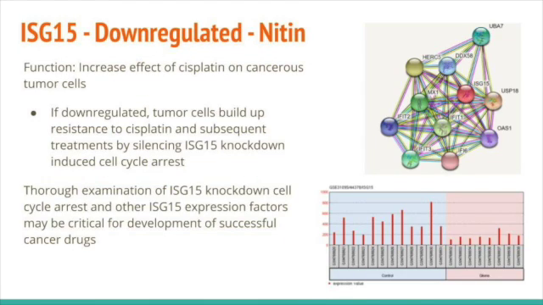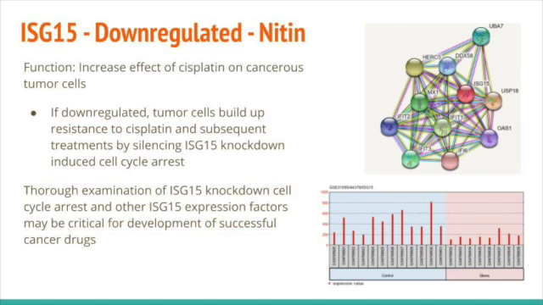So the first gene we're going to talk about is ISG15, and we can see on the chart on the bottom right that we also got through GEO that this specific gene is downregulated in glioma patients in correspondence to the control groups.